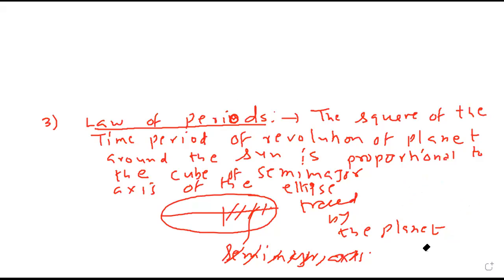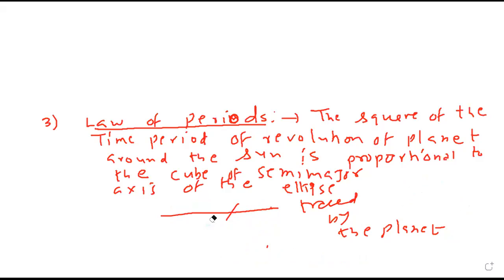Semi-major axis is nothing but the radius. It is half of the major axis. Radius is not the same throughout, but we assume it to be taken as constant. Only that, semi-major axis, average ले लेते हैं हम लोग. Actually the radius same नहीं है throughout, तो R actually हम लोग semi-major axis को ही treat करते हैं.